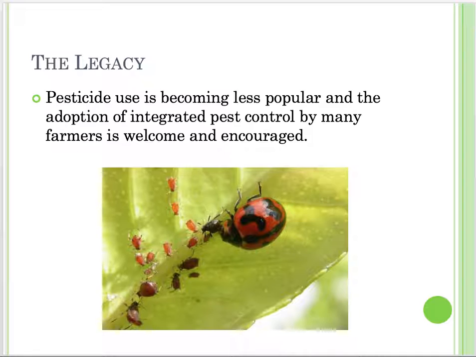Also, management practices that don't require pesticides have the potential to improve the productivity of a farm over a long time frame. In addition to this, if you want to think about assessing the management practice, think about the cost, think about the maintenance. Is it easy to maintain?